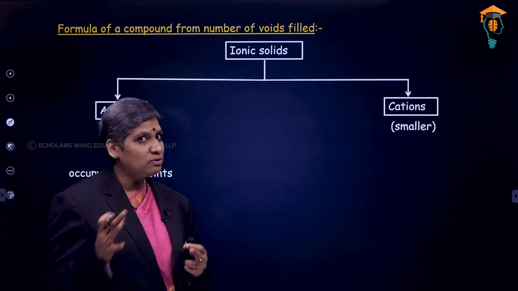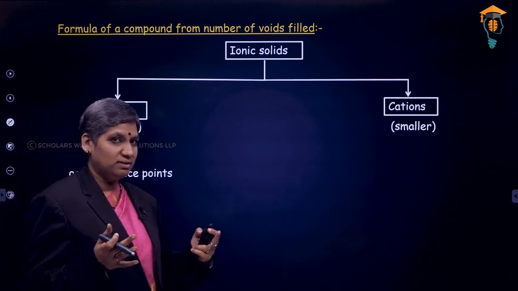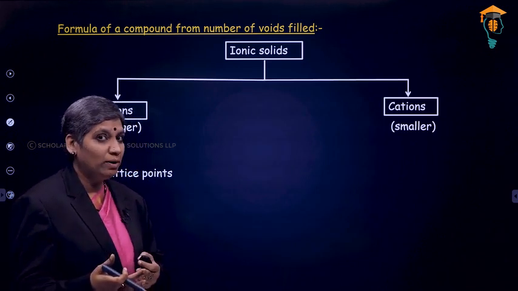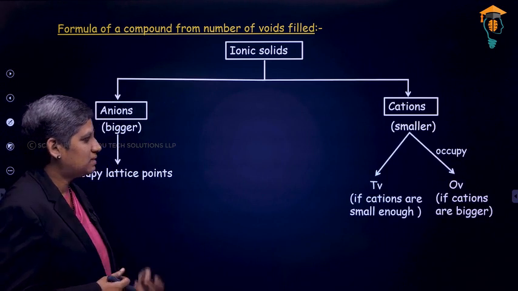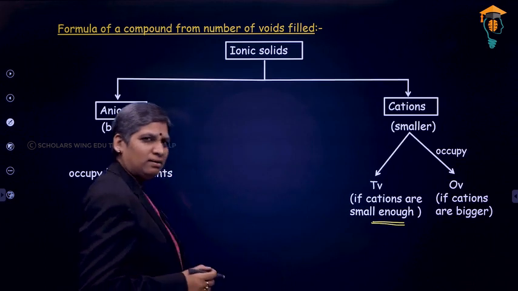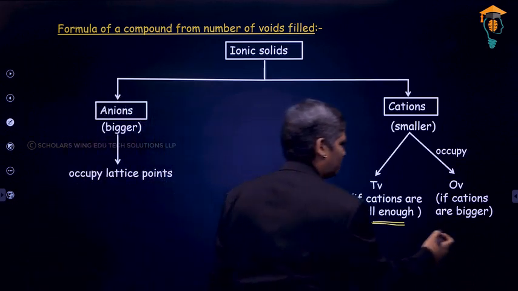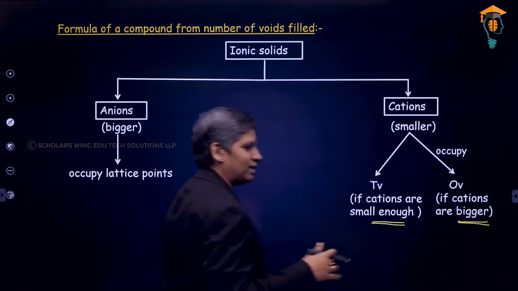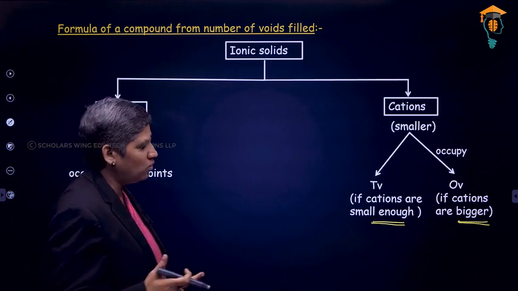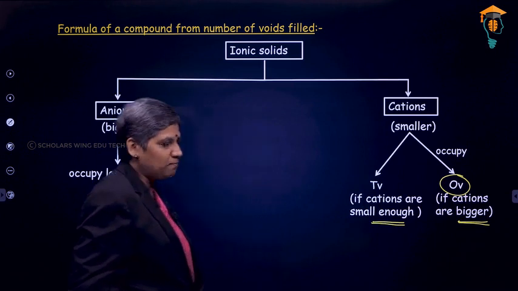And we know there are 2 kinds of voids, TV and OV. Now the question arises, when will TV be occupied, or when will OV be occupied? The same cations, if they are small enough, then they try to fit into the TV, which is a smaller one. But if they are slightly bigger, out of the cations also you can have relatively bigger cations, those prefer OV because it's a bigger space than TV, isn't it?